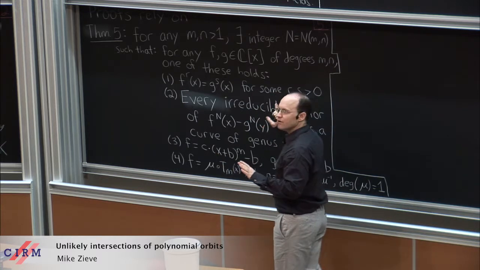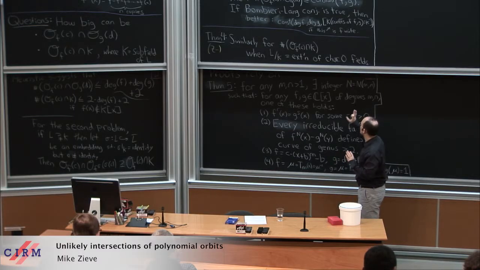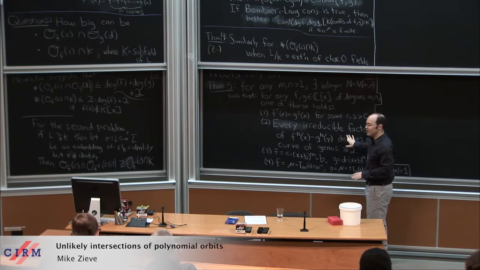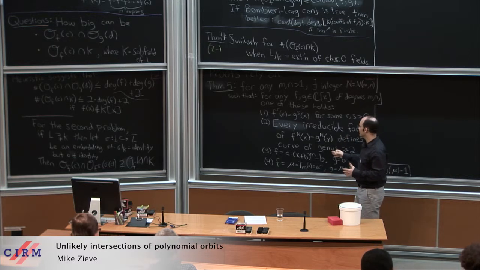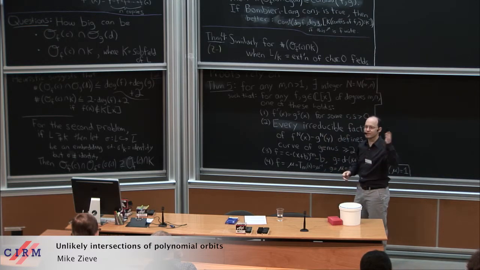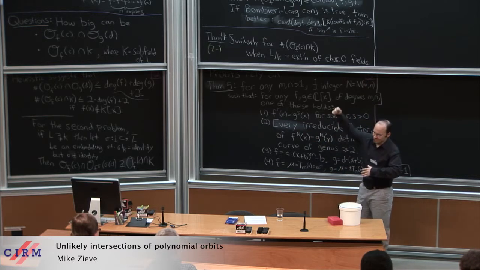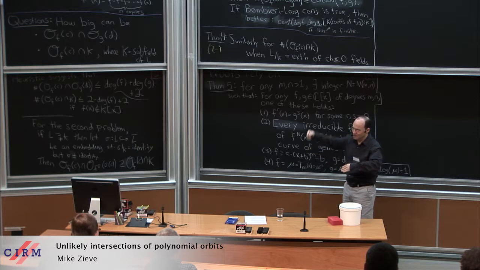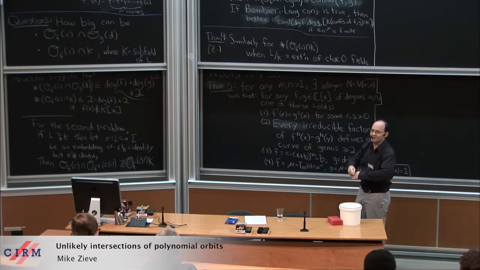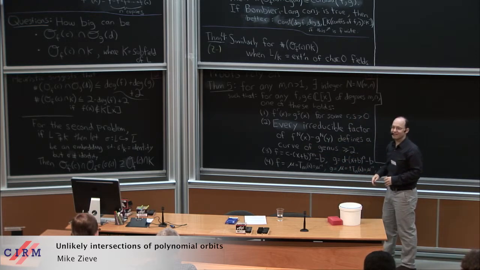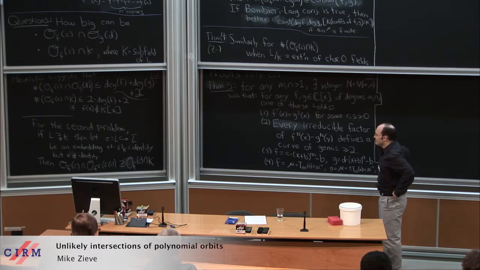The way you should think of this is what really happens is that for almost any polynomials, this happens with n equals 1. For almost any polynomials, f of x minus g of y is irreducible of some big genus. And then any factor of this gives you a curve that maps to that thing of big genus, so it has even bigger genus. Okay?